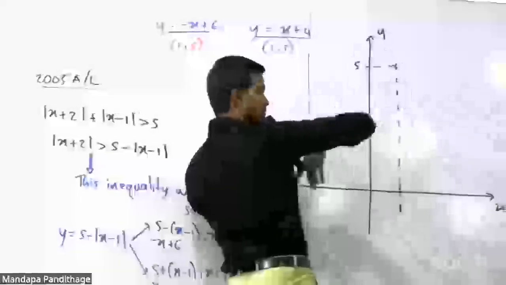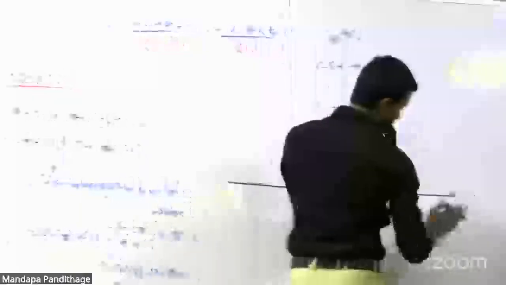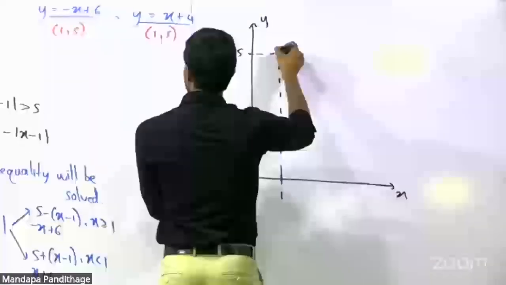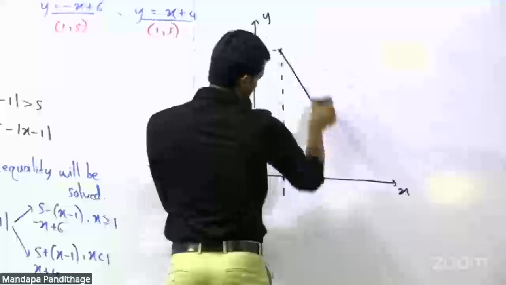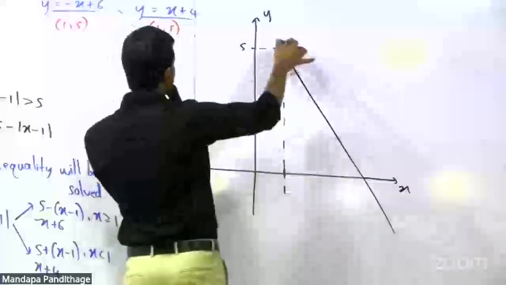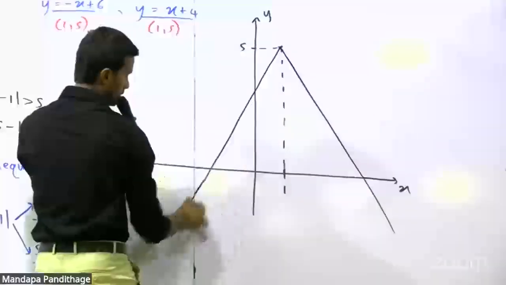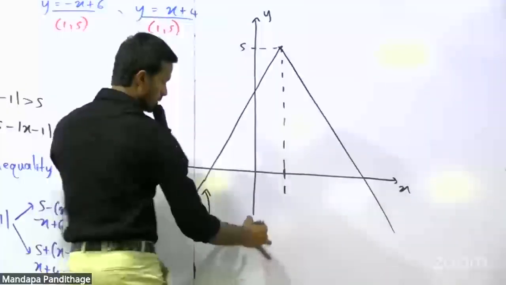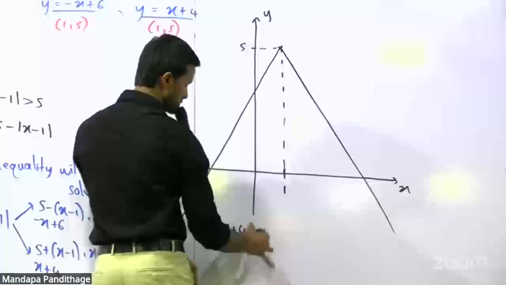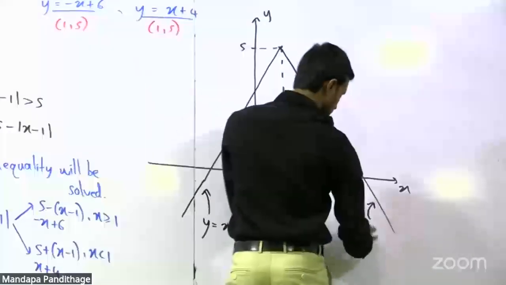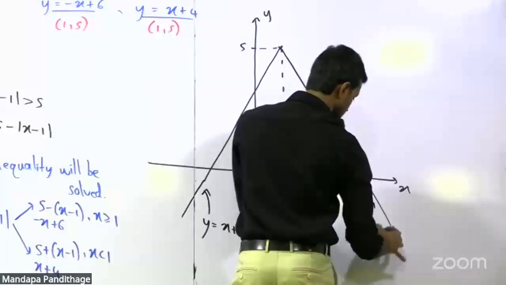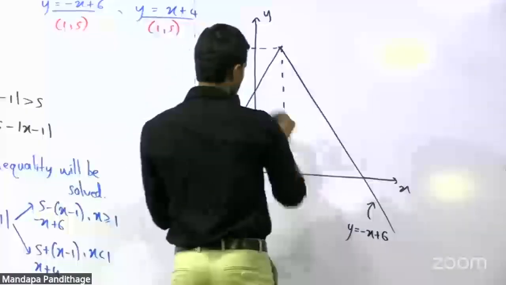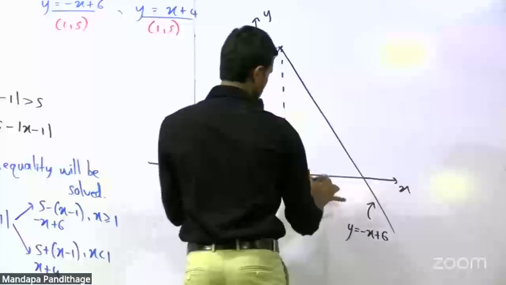Here it goes through this point, the gradient is minus 1 and here the gradient is 1. So this is y equals x plus 4, and this is y equals minus x plus 6.